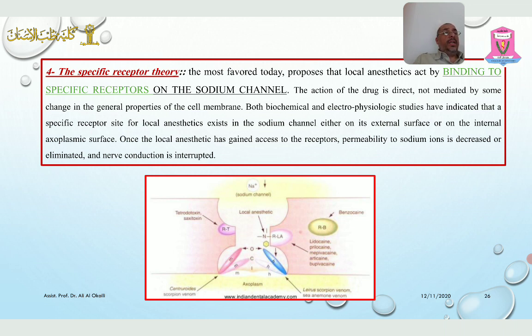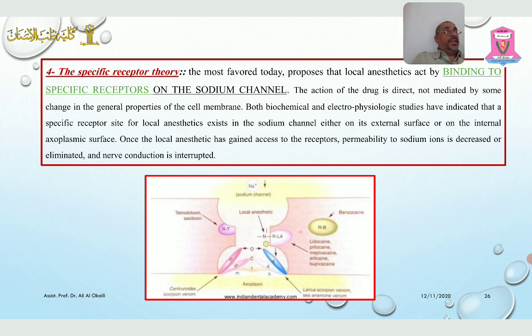Both biochemical and electrophysiological studies have indicated that a specific receptor site for local anesthetic exists in sodium channel, either on external surface or on its internal exoplasmic surface. Once the local anesthetic has gained access to the receptor, permeability to the sodium ions is decreased or eliminated and the nerve conduction is interrupted.